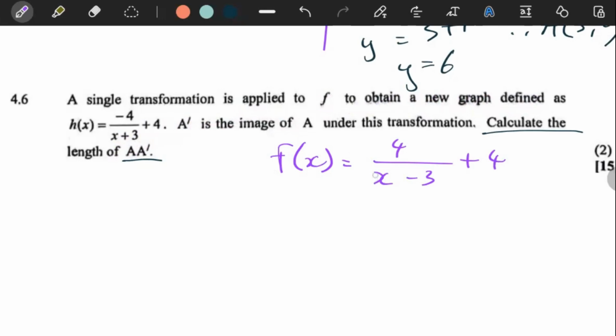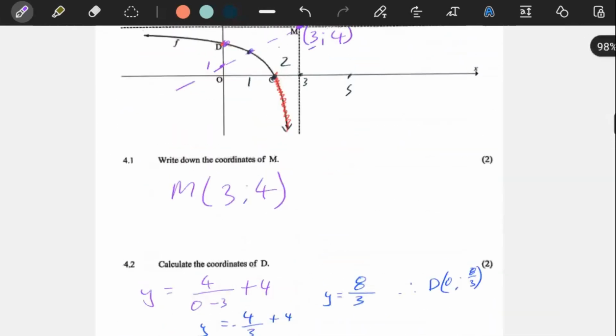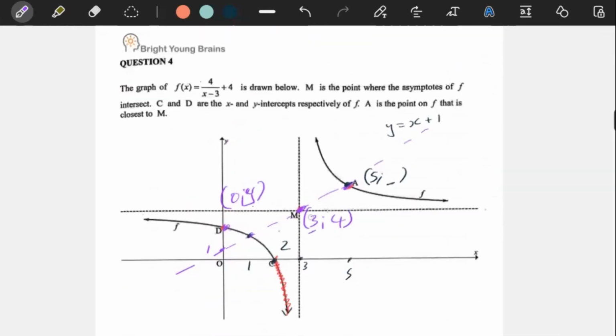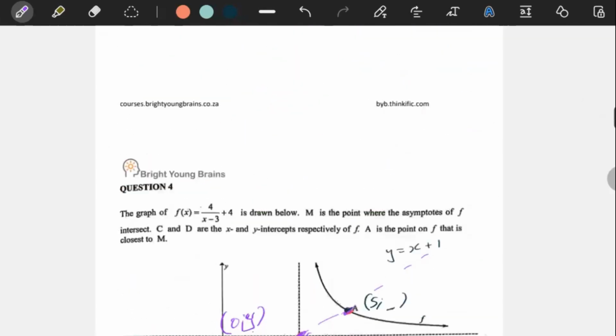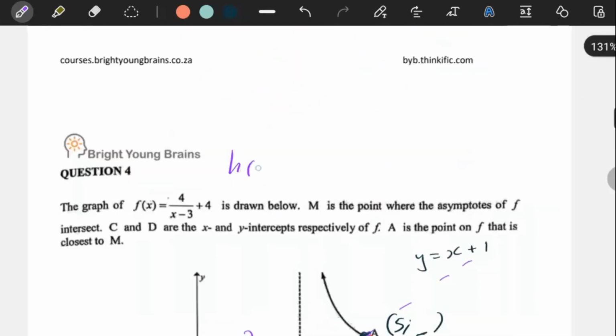The new graph, I would say it looks like they reflected it about the y-axis, because if you reflect this graph about the y-axis, right? Firstly, let's just write down the equation of h. They said negative 4, x plus 3, plus 4.